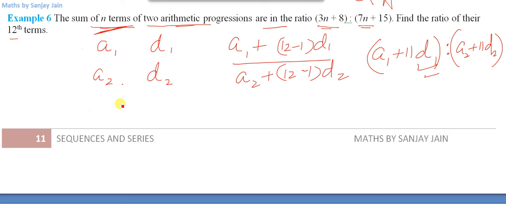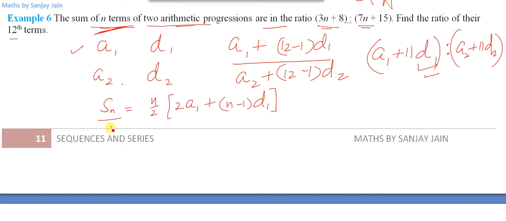So if I call the sum of n terms of the first progression as Sn, what is it equal to? n by 2 twice of a1 plus n minus 1 into d1, right?